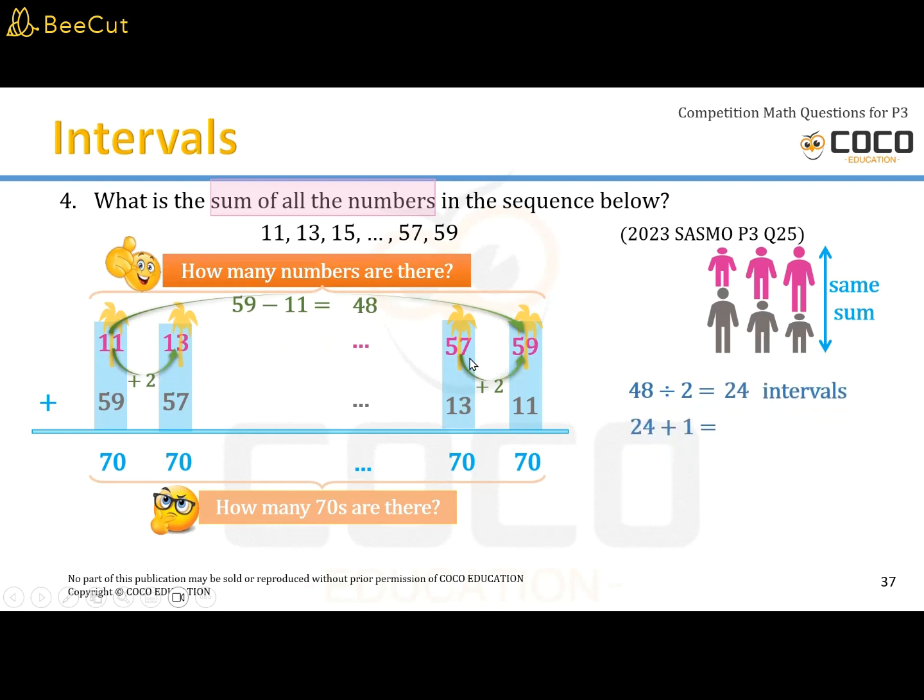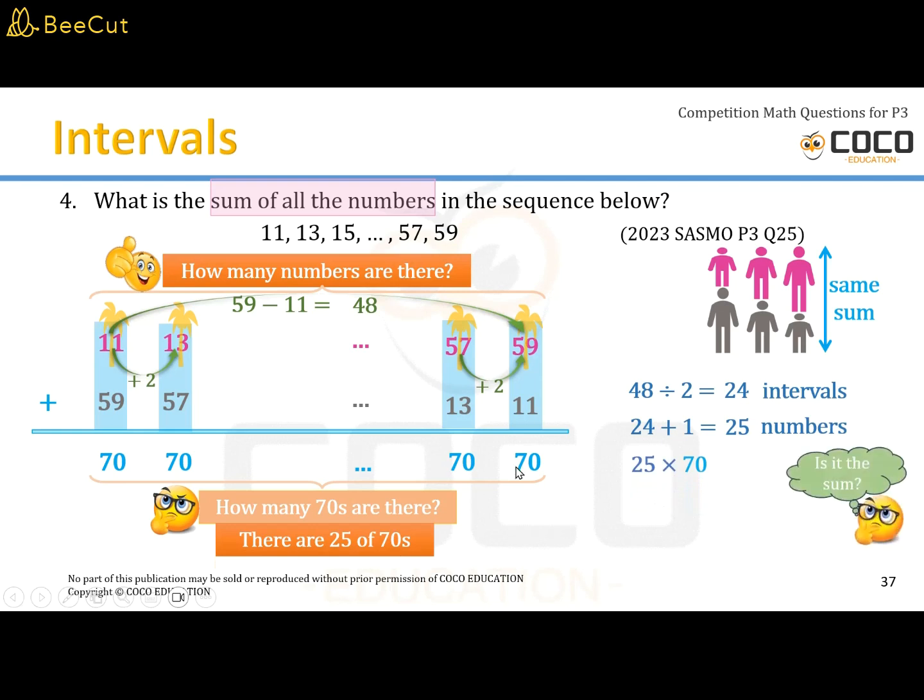In order to find how many trees, you have to plus 1. So there are 25 numbers in the sequence. So now we will find there should be 25 70s in the end. 25 70s means 25 times 70.